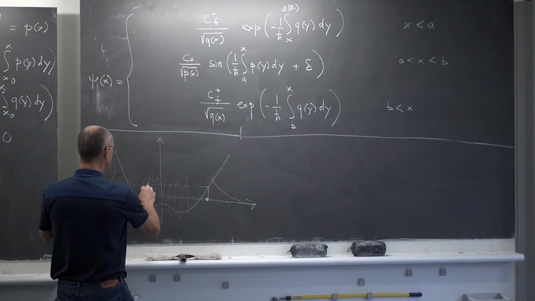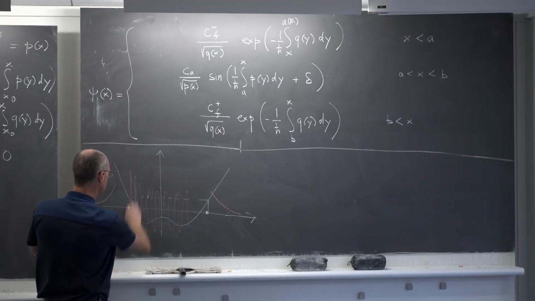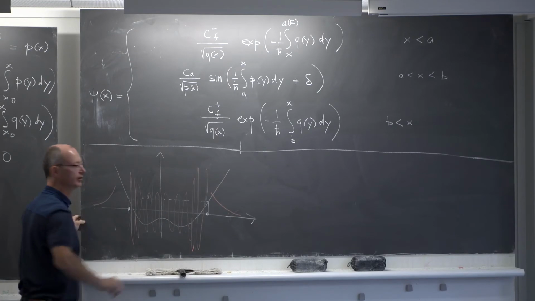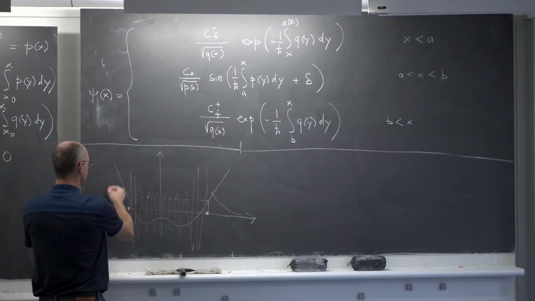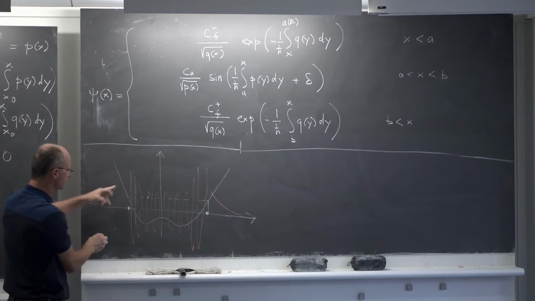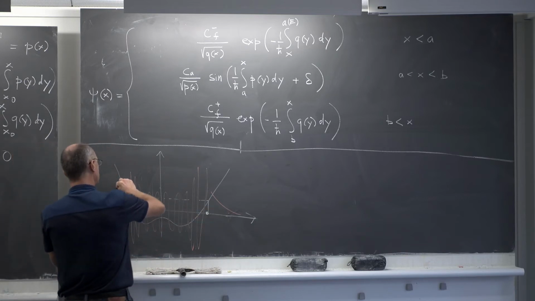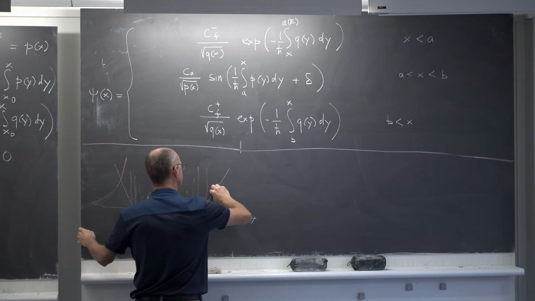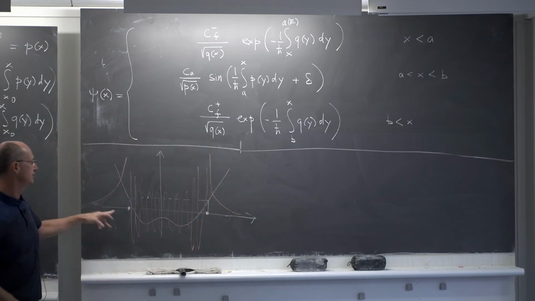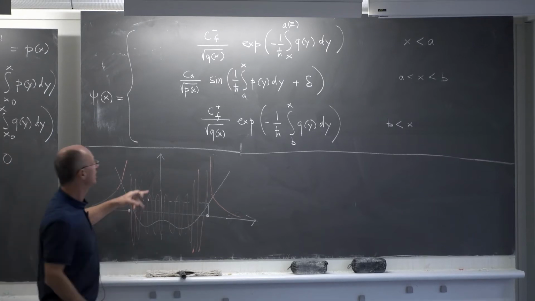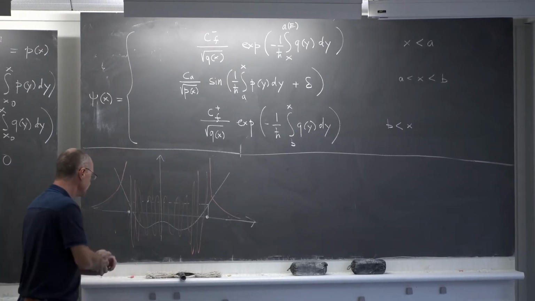Actually, here the amplitude of those oscillations is growing. And also this function, yes, it is falling very fast in the forbidden regions, but it wants to go to infinity near the turning points. And this is no good.